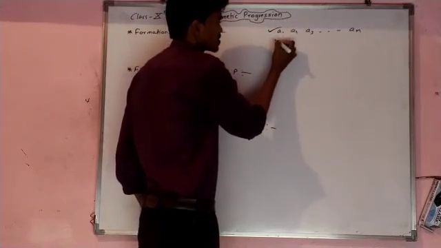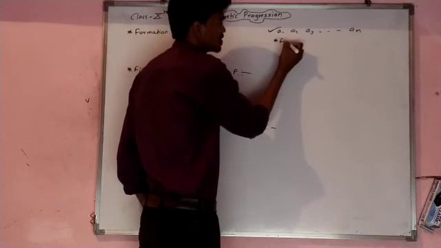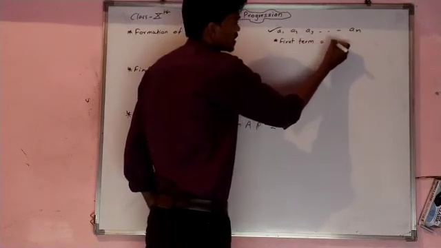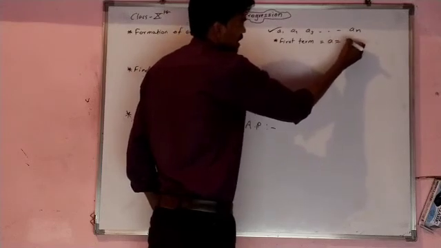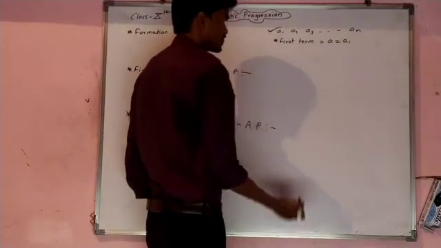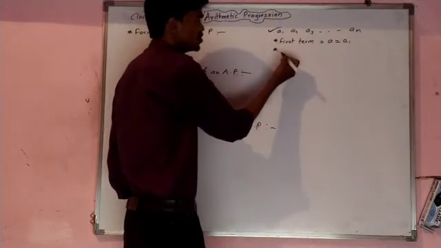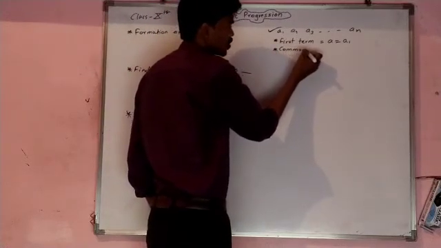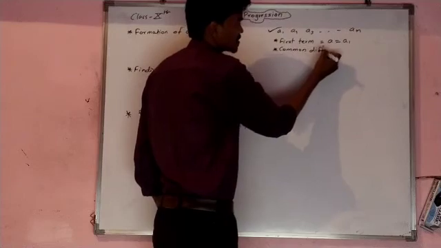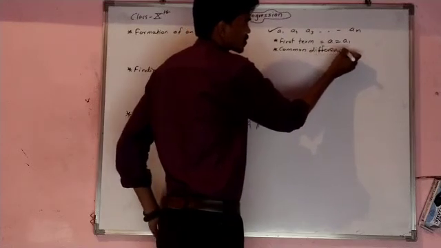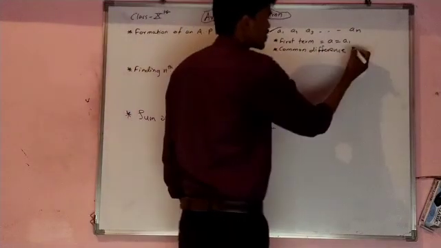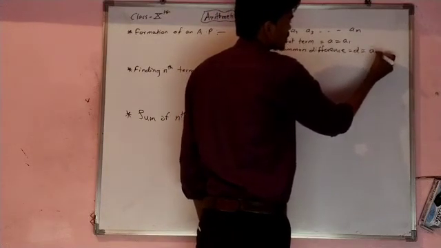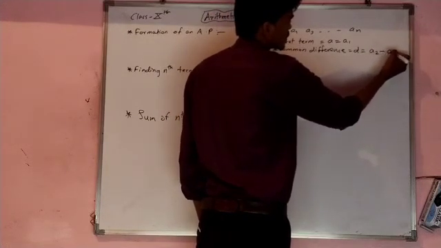First is the first term of the given AP, that is a is exactly equal to a1. After this you need to find the common difference d, that is equal to the second term minus the initial term.